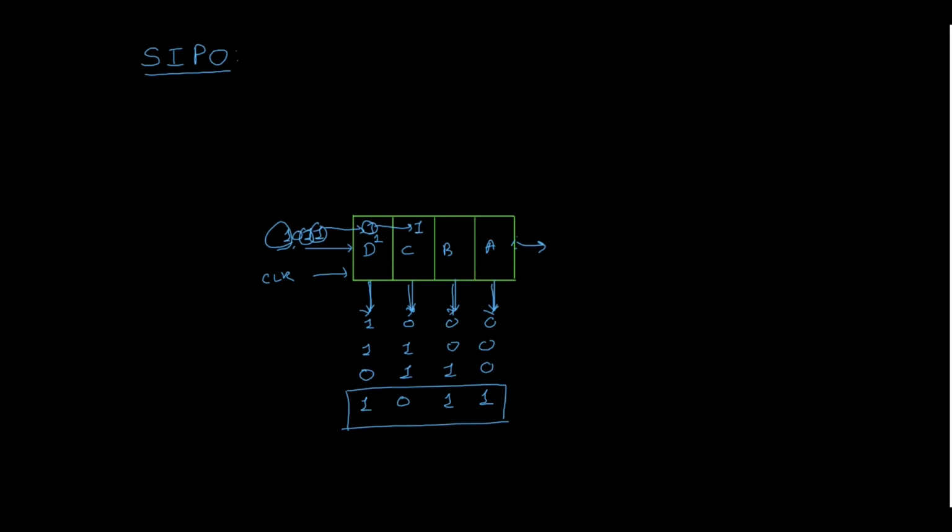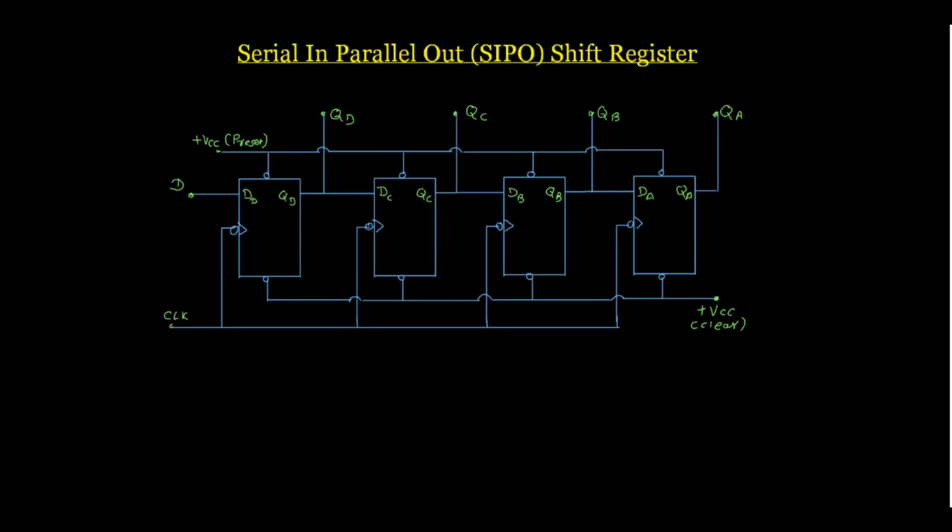Now let us see the logic diagram. This logic diagram is identical to a SISO. So now look at this logic diagram of a serial in parallel out SIPO register. We have 4 different flip-flops A, B, C, D, and there is a common clock applied to each flip-flop, and they are negative edge triggered flip-flops.